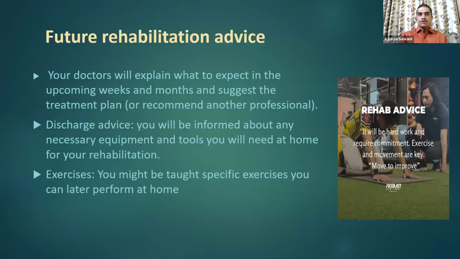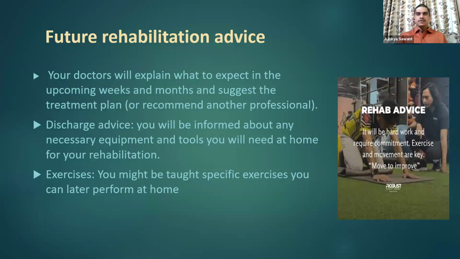You will be informed about any necessary equipment and tools you will need at home for your rehabilitation, such as hospital beds, crutches, some sticks, splints, or any exercise material. If required, they have to purchase it or keep it at their home, so when you visit their home, it will be easy for the rehabilitation process.